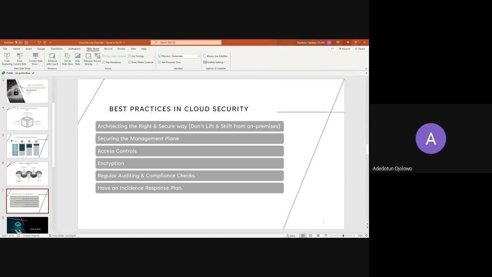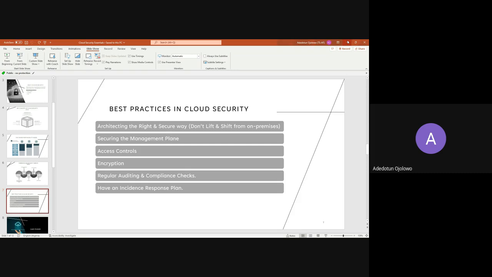And there are also tools you can use to check: when was the last time someone actually used this role? If you notice that someone hasn't used it in a while, you can easily just remove them from that. So it's very essential to ensure that you are utilizing your access control.